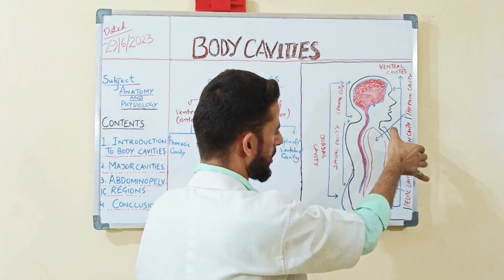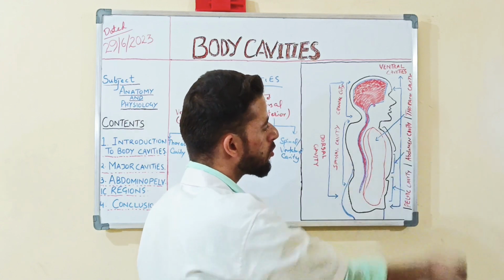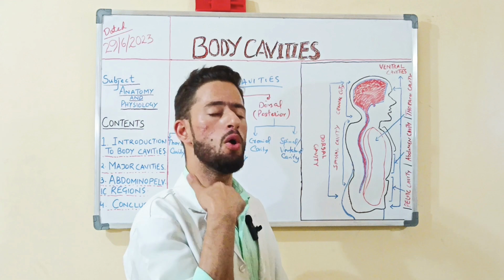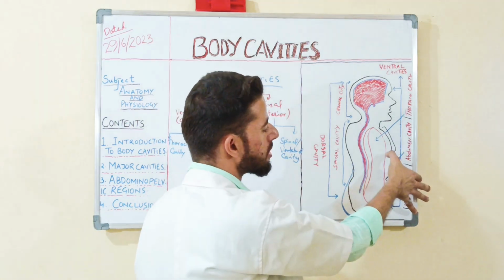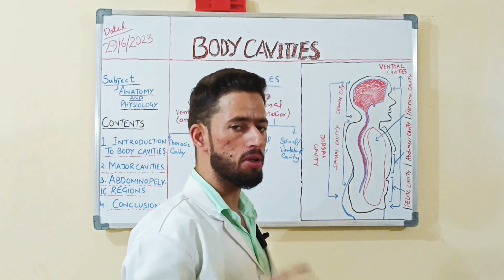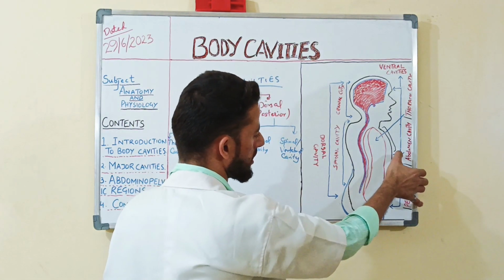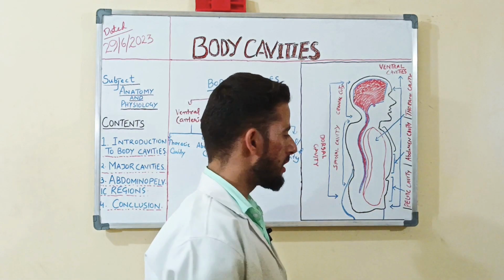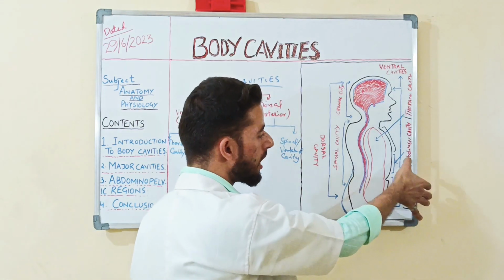The chest cavity starts right after the root of the neck, the last part of the neck, and goes up to the level of the abdominal cavity, where the abdominal cavity starts. After that the abdominal cavity will end at the start of the pelvic cavity.